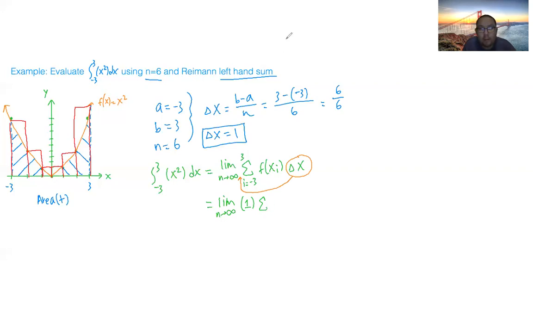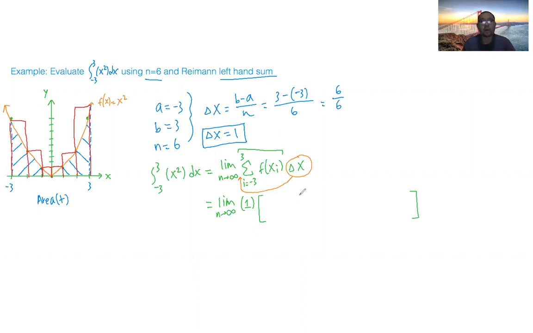I'm not going to rewrite it again. Let's calculate this out. So 1 is delta x times the summation, and in here we're going to evaluate f of x at all of our sample spaces.